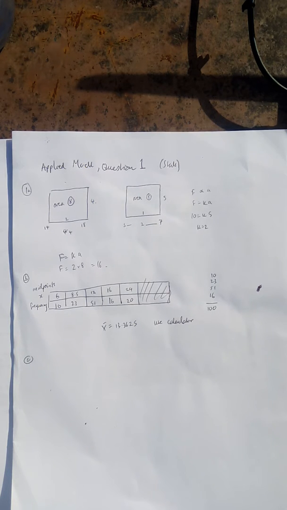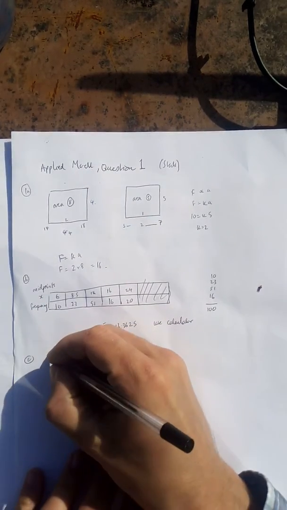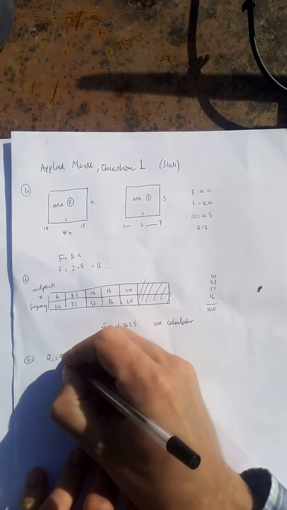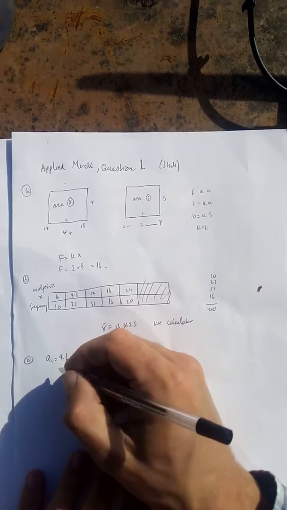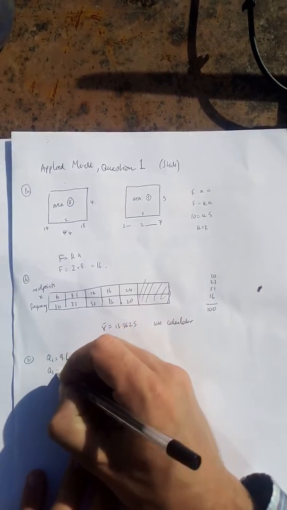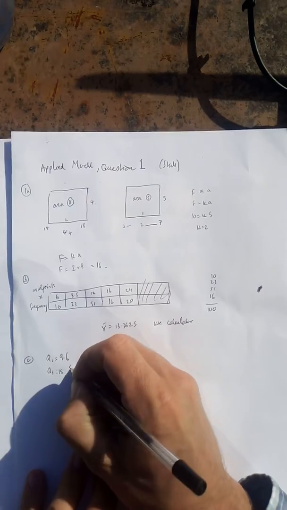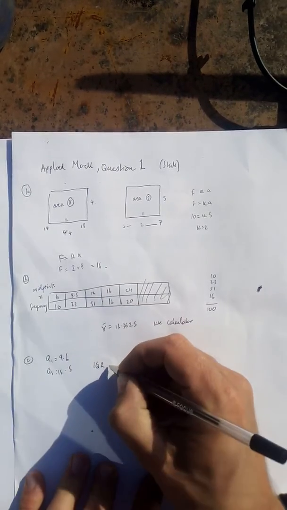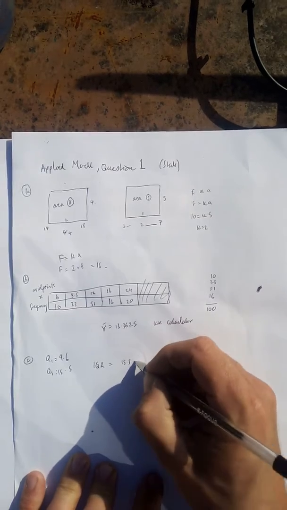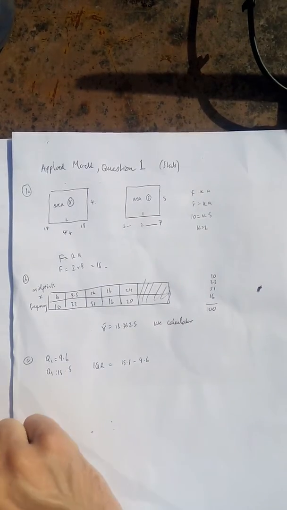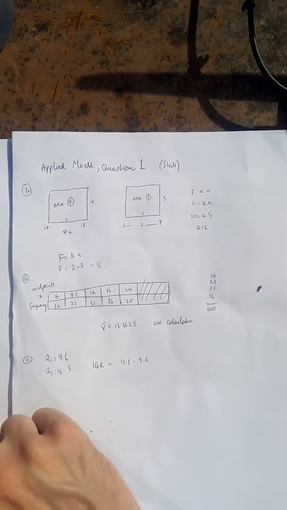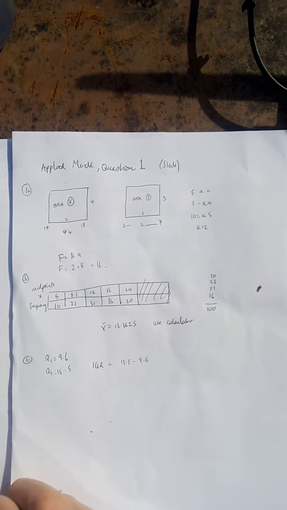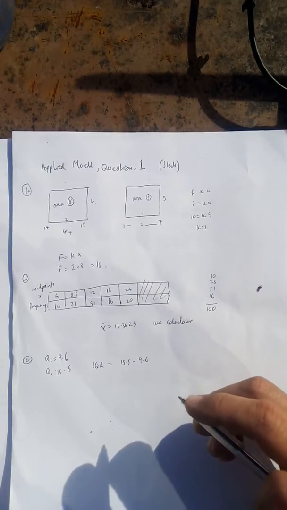So we've got Q1, the lower quartile, is 9.6. Q3, the upper quartile, is 15.5. The interquartile range is going to be 15.5 minus 9.6, 5.9.